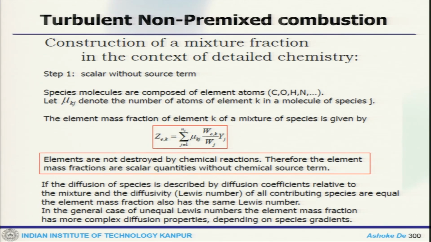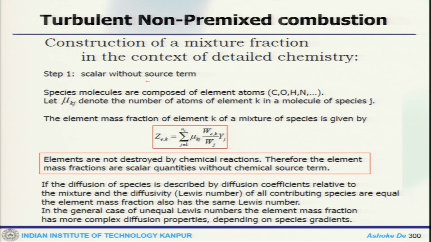Now, if you have detailed chemistry, then how do we actually construct this mixture fraction? So, this is a very known formula, or it was derived by Professor Bilger.